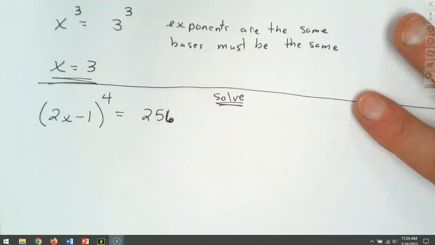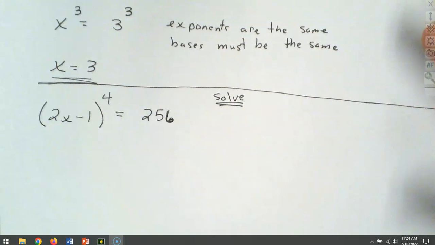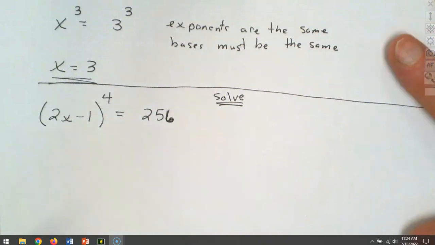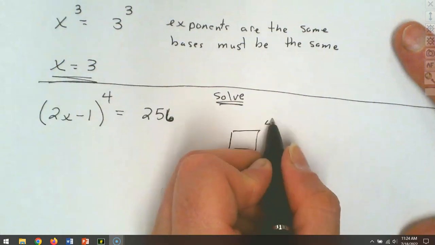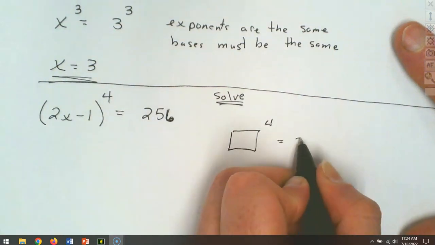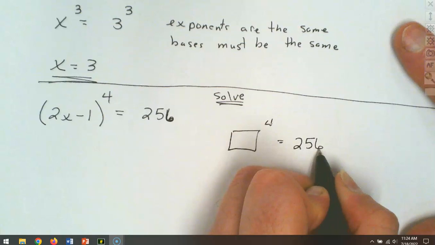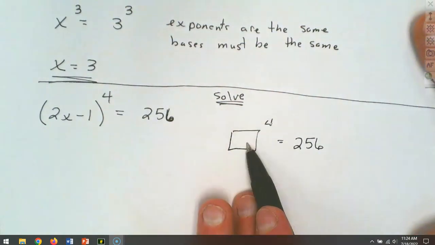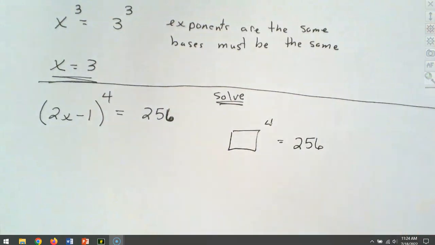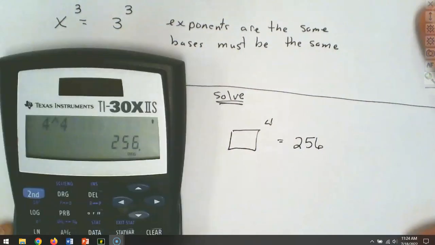So when we look at this, we need to figure out where our x is at. And in this case, our x is down as a base. So what do we need to find here? We need to find some number that when we raise it to the 4th power gives us 256, right? Because that's what we want. We want this number instead of the exponent. And we just use our calculator and we check numbers.